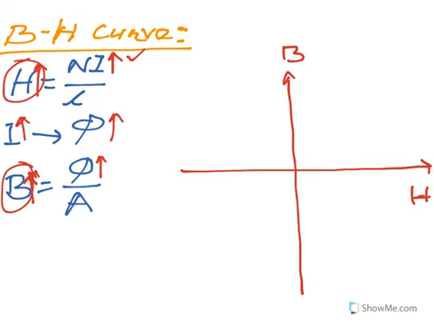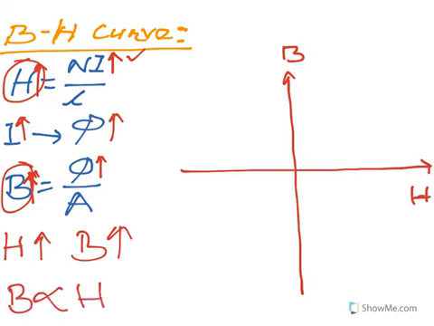With the increasing of current, H increases and at the same time B increases. So with the increase of H, B is also increasing. These are proportional to each other. So B is proportional to H. In that case, if we start the graph from the center, initially there is no current, so no magnetization, so everything is zero.